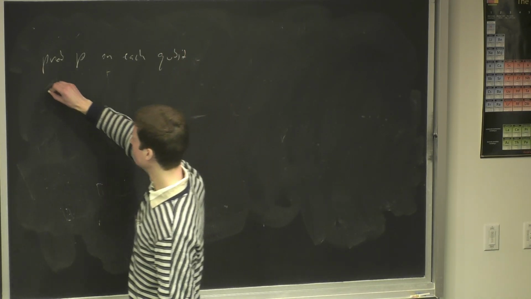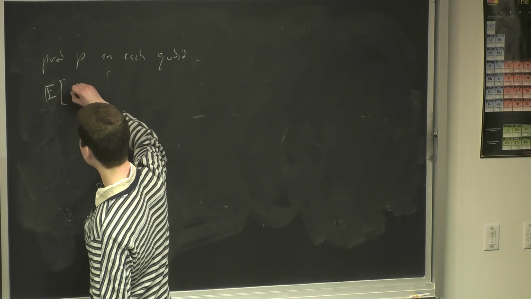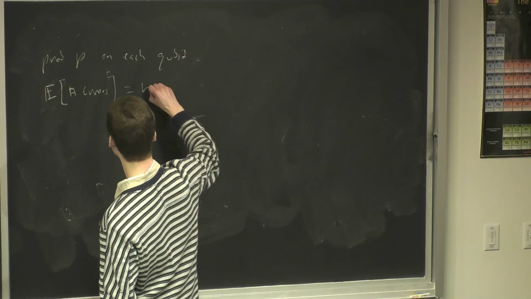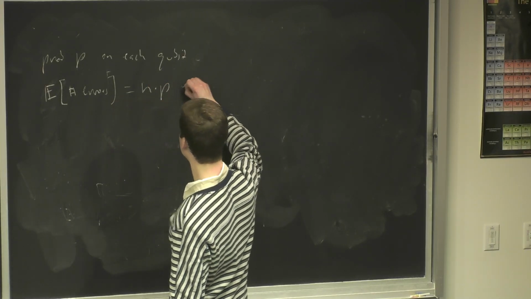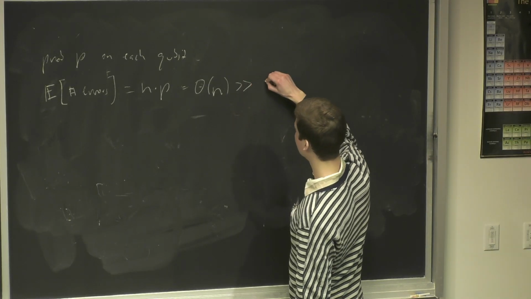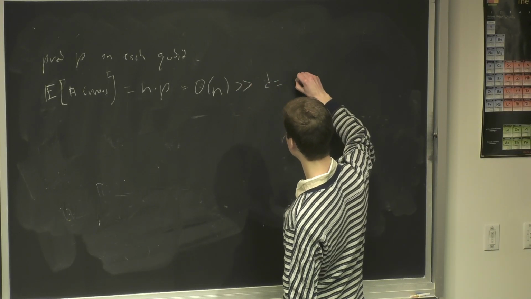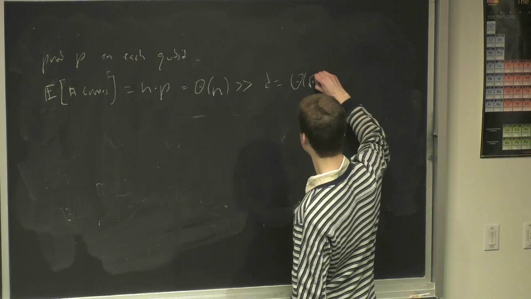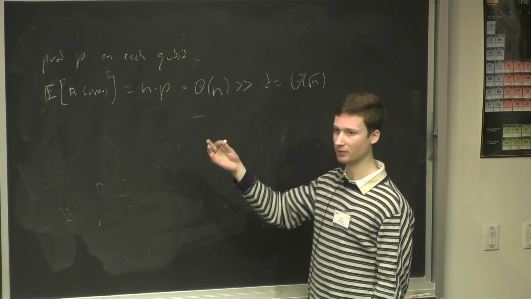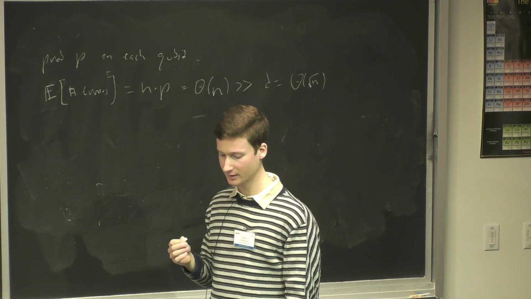And then one funny thing is that the expected number of errors in this case is equal to n times p, which if p is a constant is linear in n, which is much greater than our surface code distance, which is square root of n. So how can we hope to correct even just random errors happening with some probability?